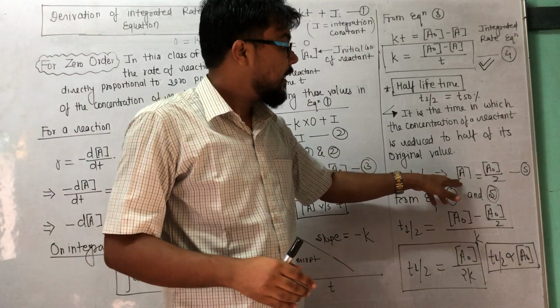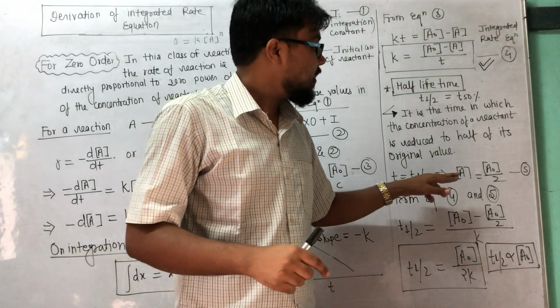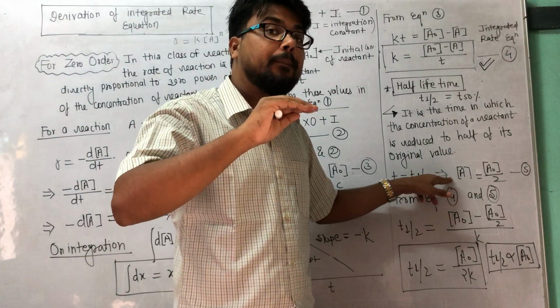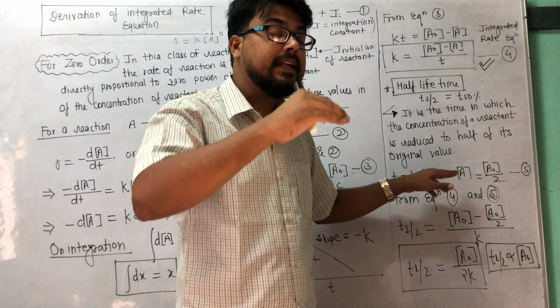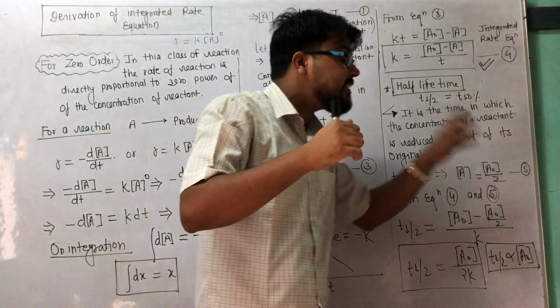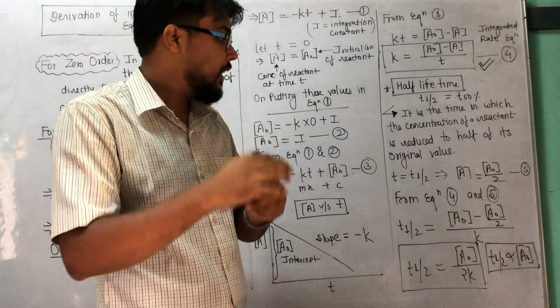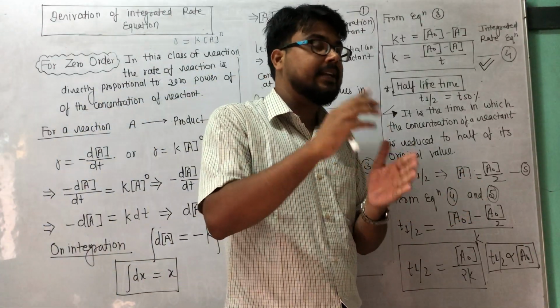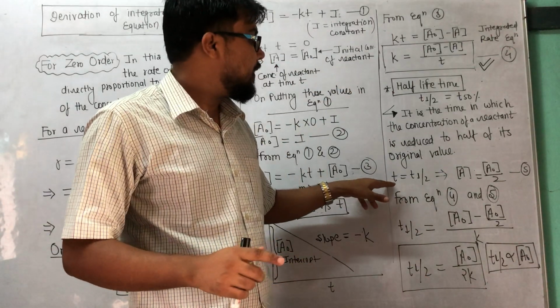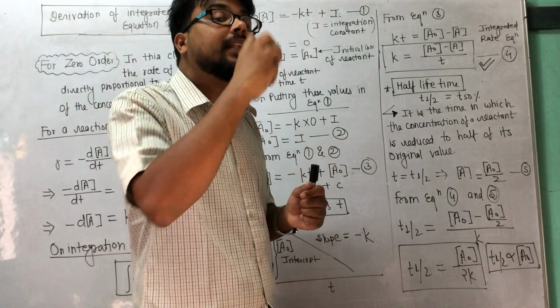T half is that time where the concentration of that reactant is reduced to just half of its initial concentration. A naught is the initial concentration and A is the concentration at time t, but when we take T half, how much of the reactant will be consumed?